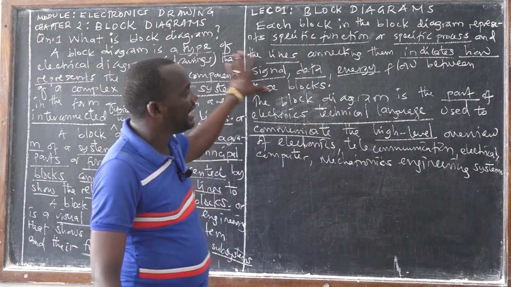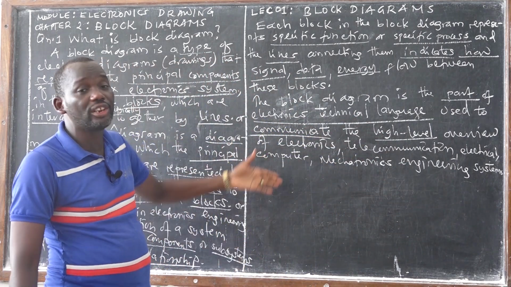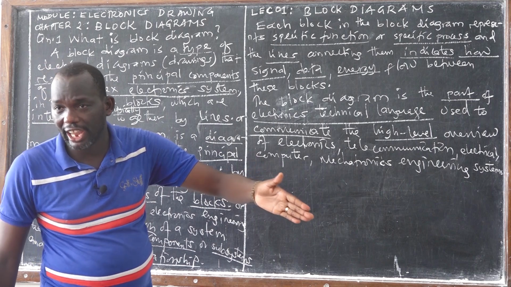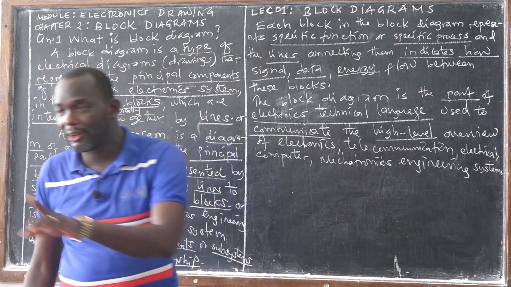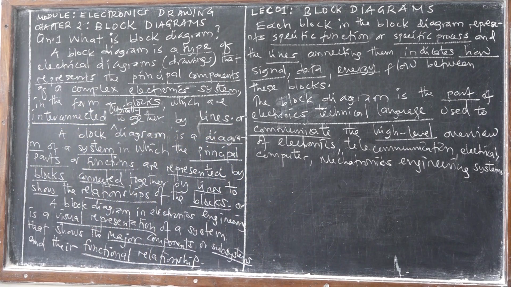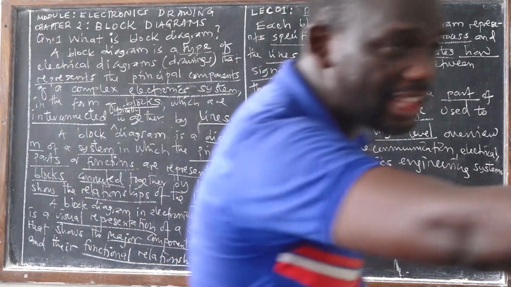So similarly, in electronics drawing, as we discussed, we have different types of electronics drawing. We have block diagram, and another one is the functional block diagram.